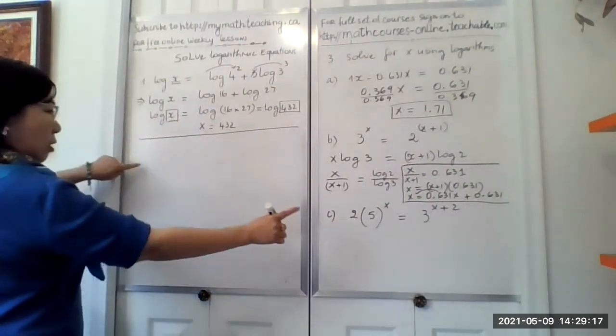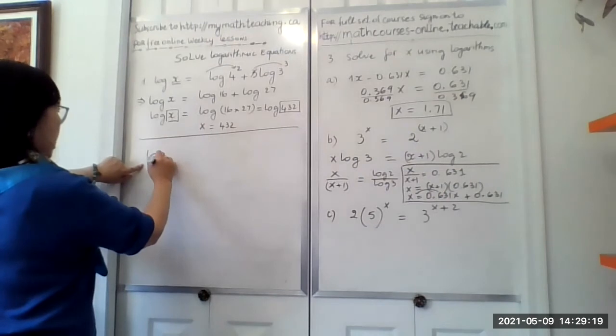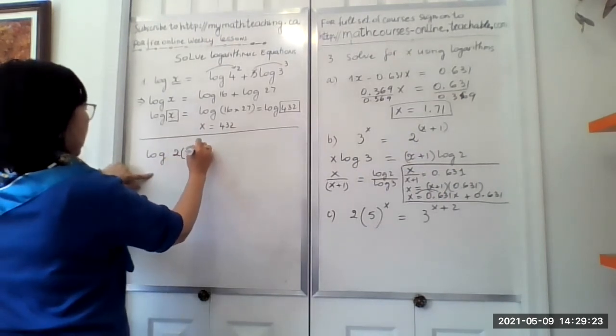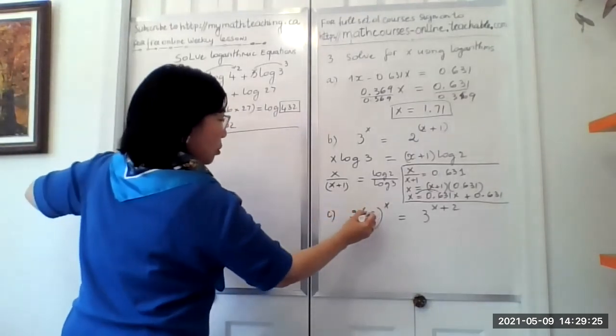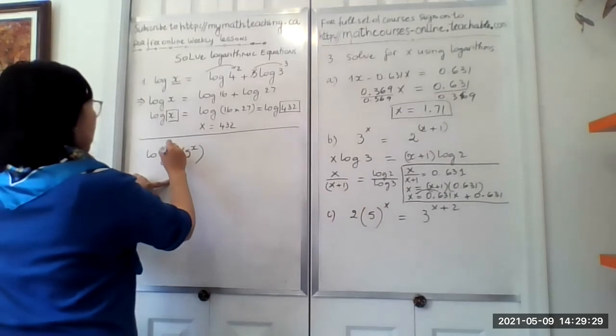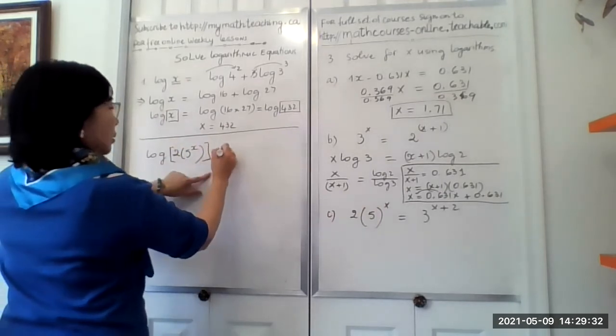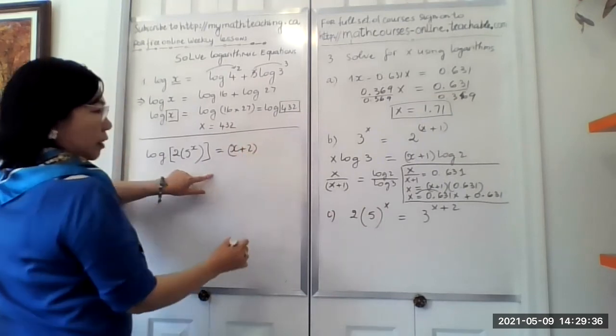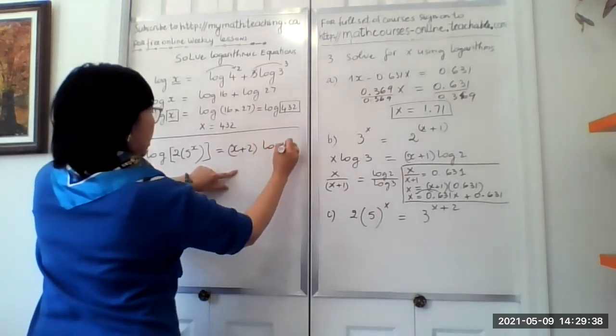So I'm going to take log both sides. So I'm going to say log of 2 times 5 to the x, right? Remember, this x only belongs to the 5 and does not belong to the 2, right? So that's a different thing. Equal x plus 2, I can bring in front log 3, right?